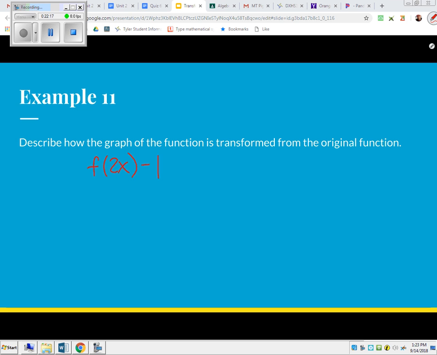I would start on the inside and work our way out. Okay, so what's being done on the inside of this function right there? What's that 2 doing to it? Horizontal compression, okay? It's on the inside, so it's horizontal.